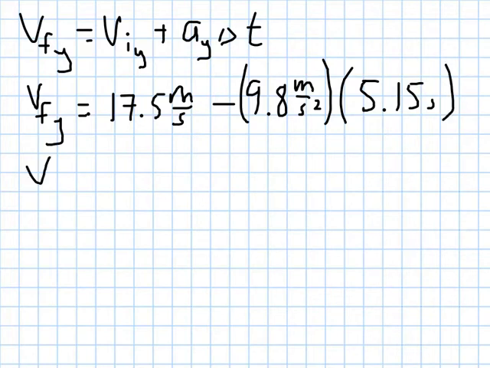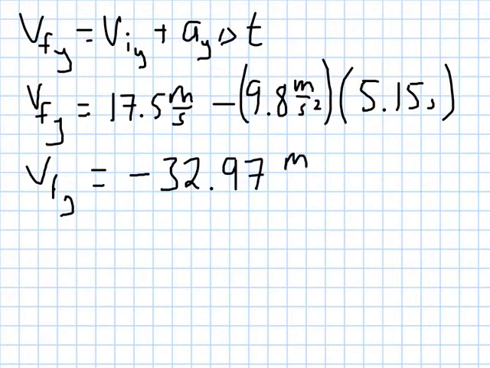This is the nicest looking equation we've worked with this whole time. So to put this through my calculator and solve for it, my final y velocity turns out to be negative 32.97. I'm going to carry some extra sig figs here. So the reason it's negative is that the cannonball is moving downward when it hits the water, so that makes sense. I am not actually finished with the problem.